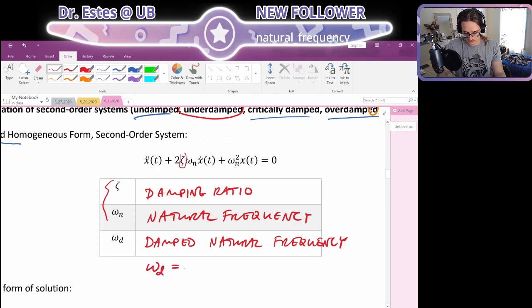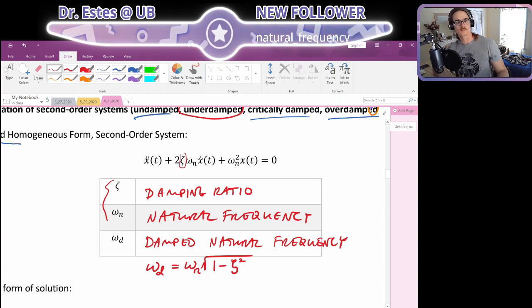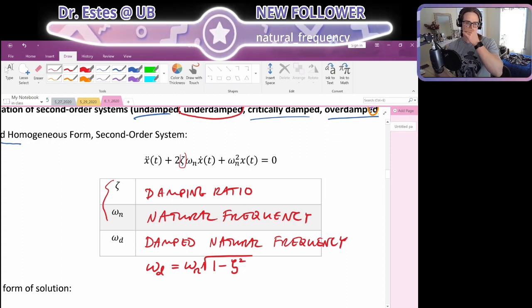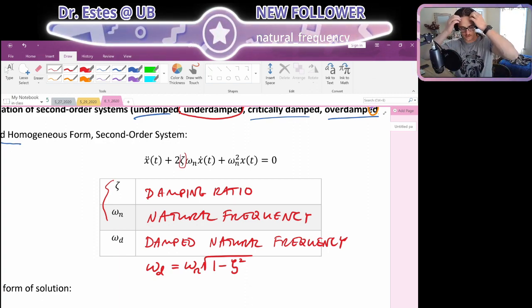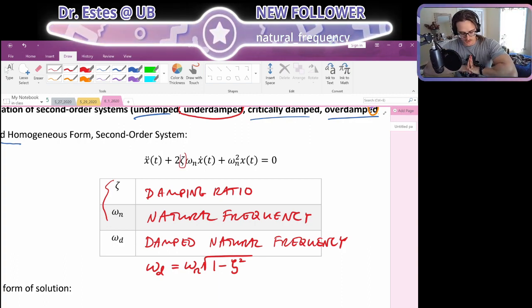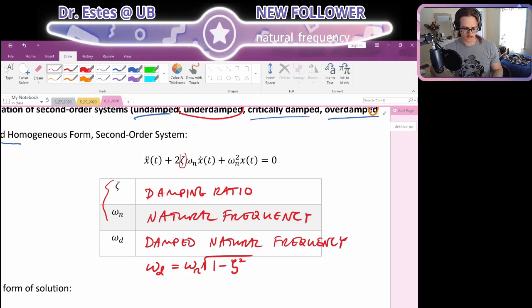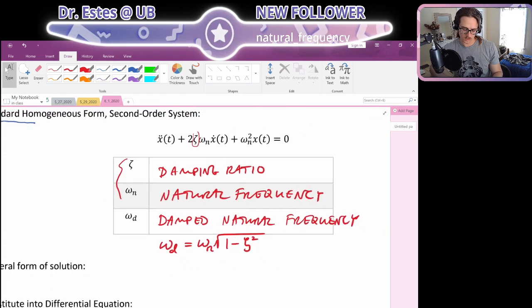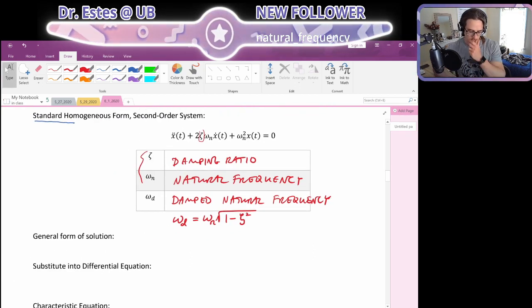Omega d is the natural frequency times the square root of 1 minus the damping ratio squared. So this is the standard form. These are the variables in that equation. And we'll talk more about them as we go.